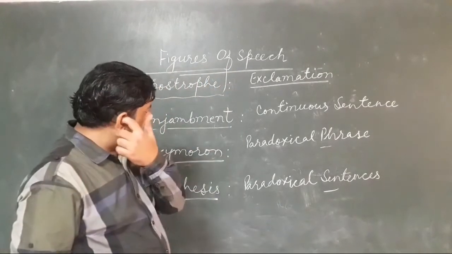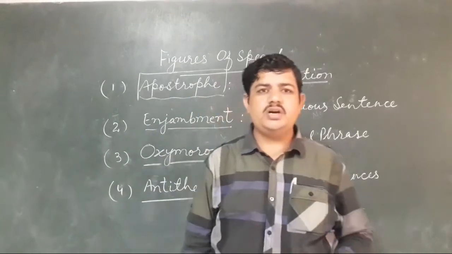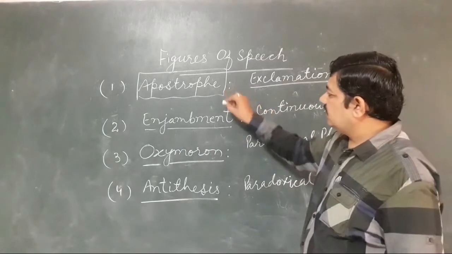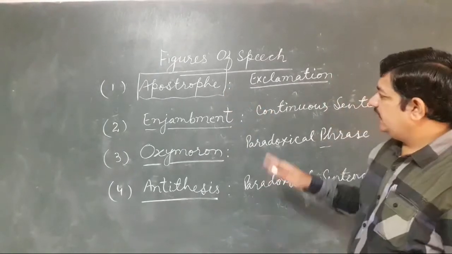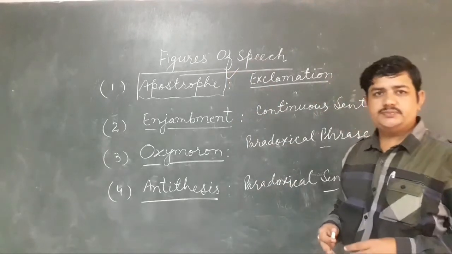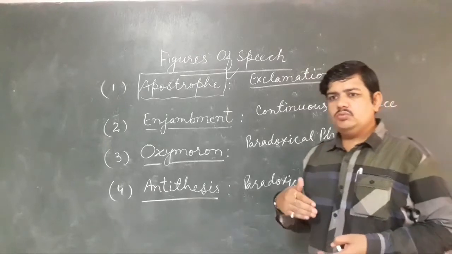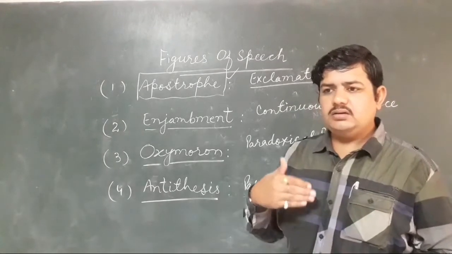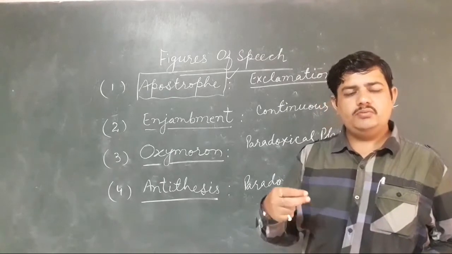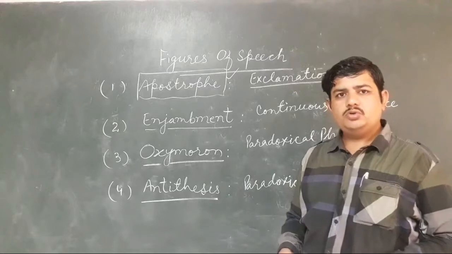See, apostrophe has been used in punctuation marks also, but it's different. It is a kind of figure of speech, used by writers when they want to give some kind of exclamation in the poetry, the drama, or the novel, through some character.